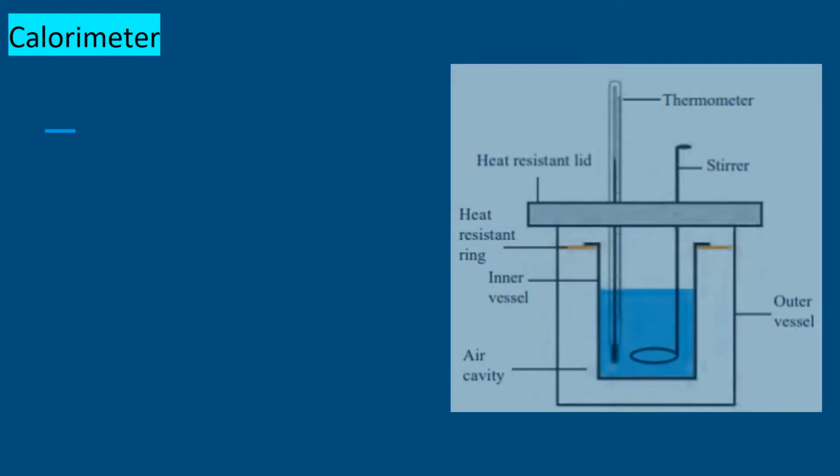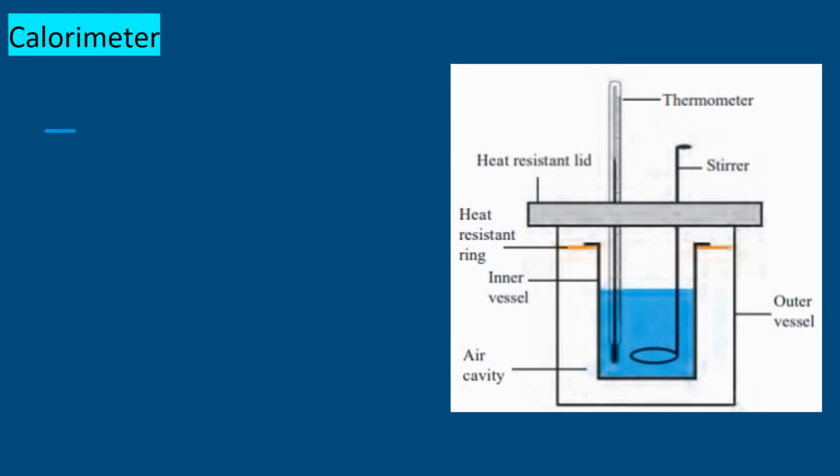Let us look at the structure of a calorimeter. A calorimeter is shown in this figure, and it is similar to a thermoflask or a thermos that we have at our home to keep liquids hot or cold. So a calorimeter has two vessels.